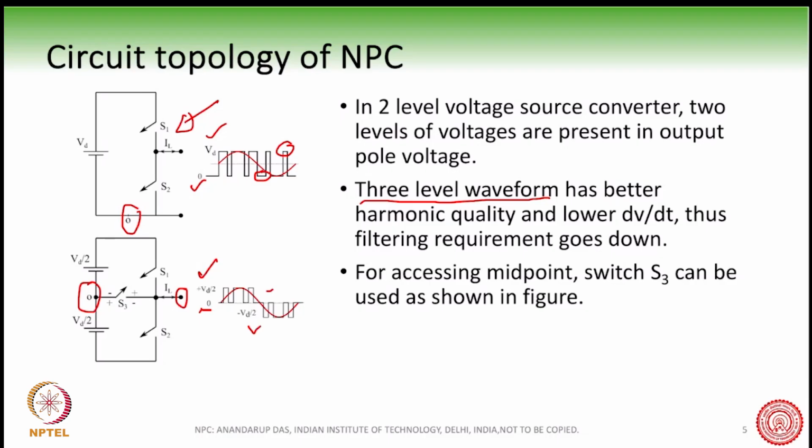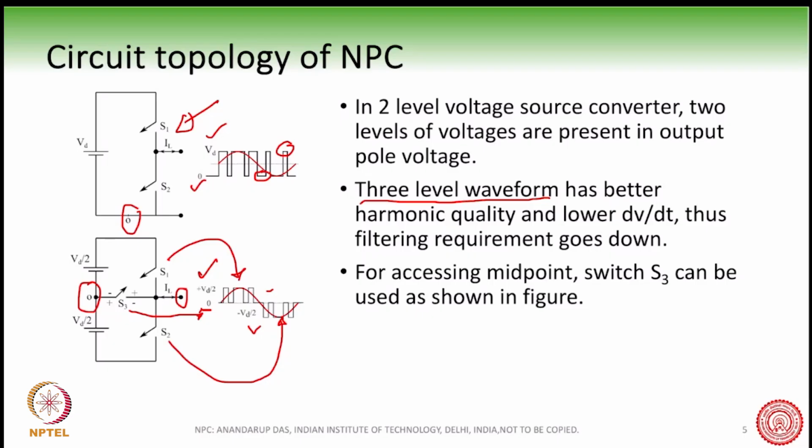Suppose you turn on S1, then you get plus Vd by 2. If you turn on S3, then you get 0. And if you turn on S2, then you get minus Vd by 2. Therefore, by putting an additional switch S3, we can get three levels of waveform at the output voltage.